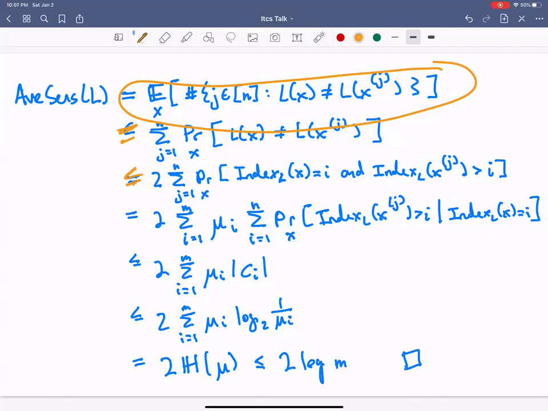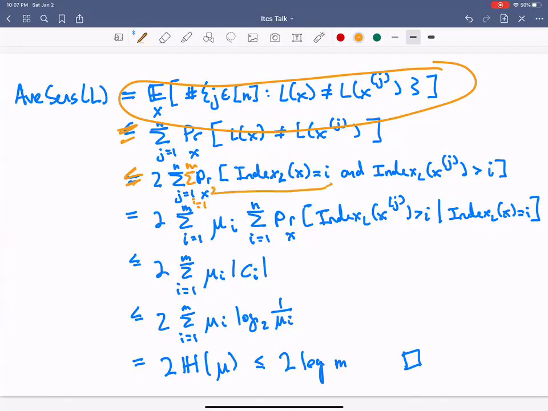And so you can easily show that this is at most twice the, I guess the inequality belongs here, this is missing a summation, so the sum over i equals 1 to m. This event breaks up into the probability, summed over clauses i and variables j, that index L of X equals i and index L of X with its jth coordinate flipped is bigger than i.